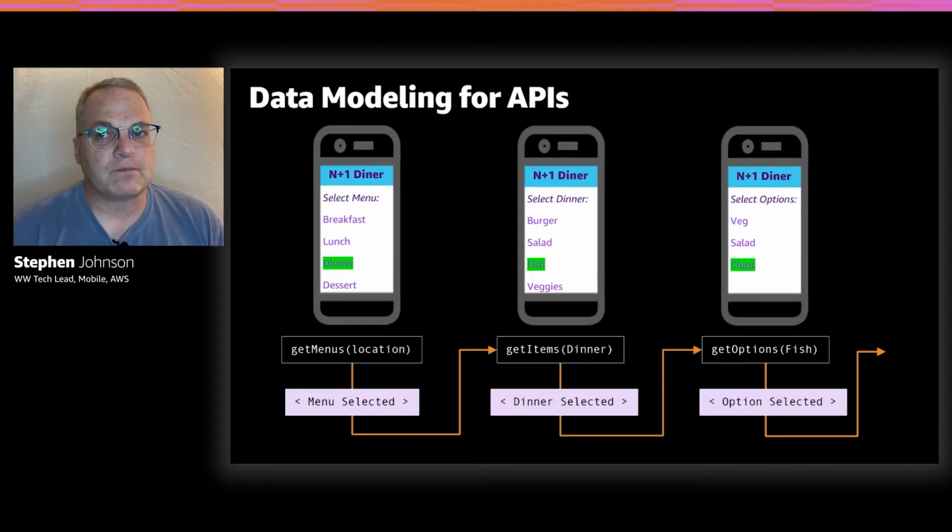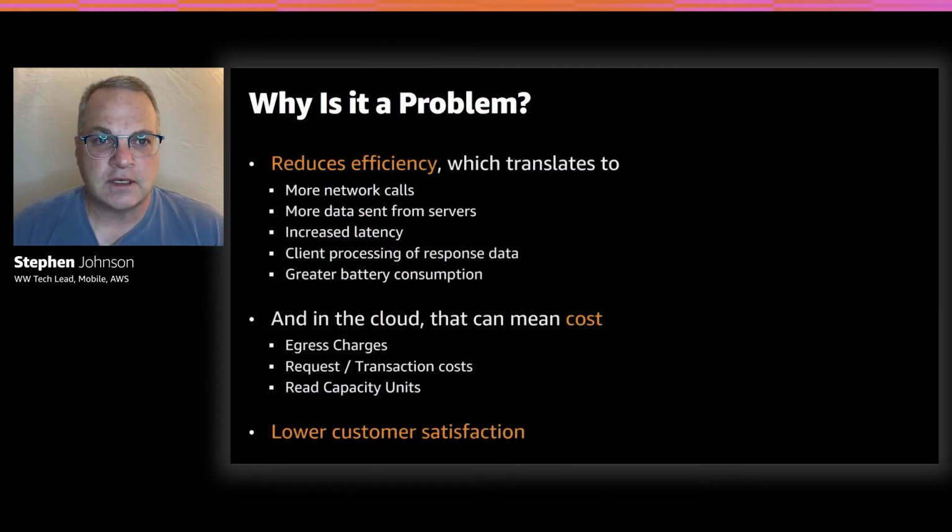Now, you may ask why, in this golden age of sophisticated hardware and infinite storage and fast networks, this is such a problem. Well, it's a problem because of efficiency, and low efficiency is never a good thing, right? It forces a bunch of bad things to happen.